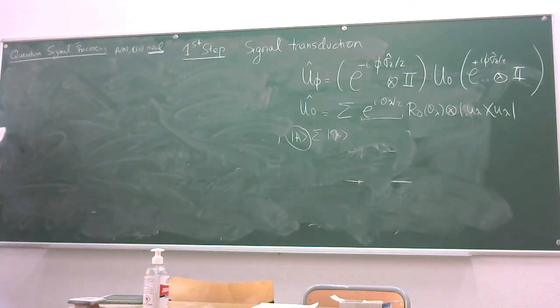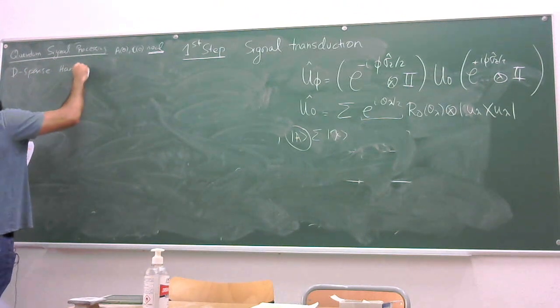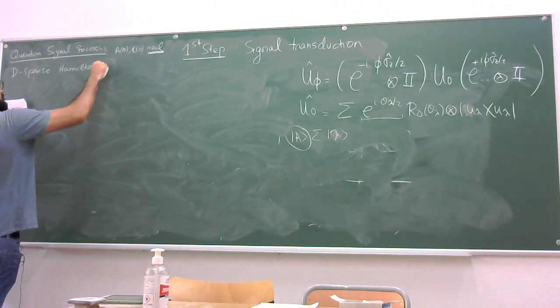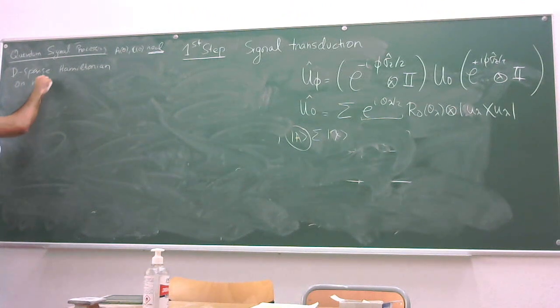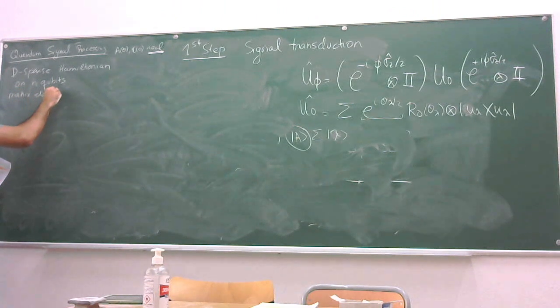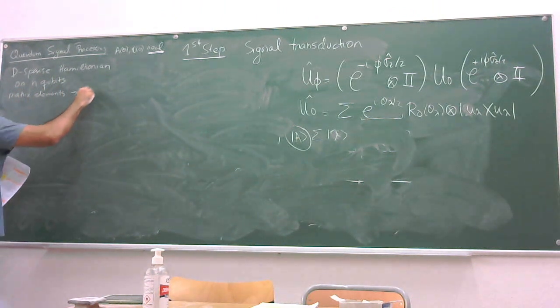Basically we have a d-sparse Hamiltonian, and it's on n qubits, and the matrix elements can be described with n-bit precision.